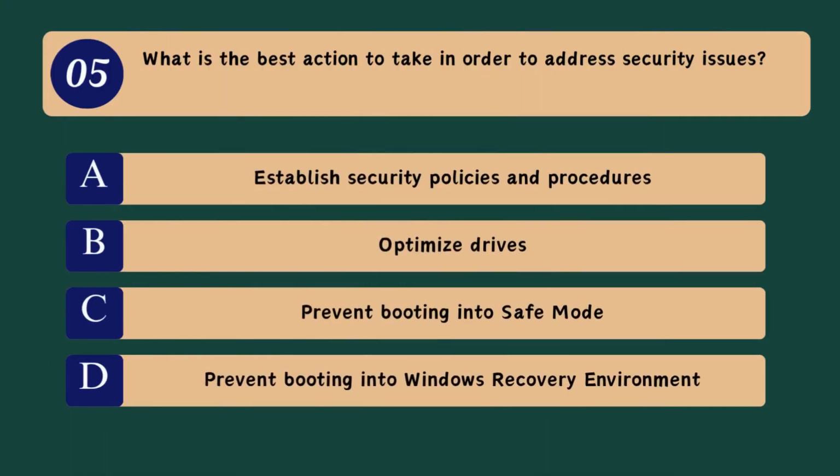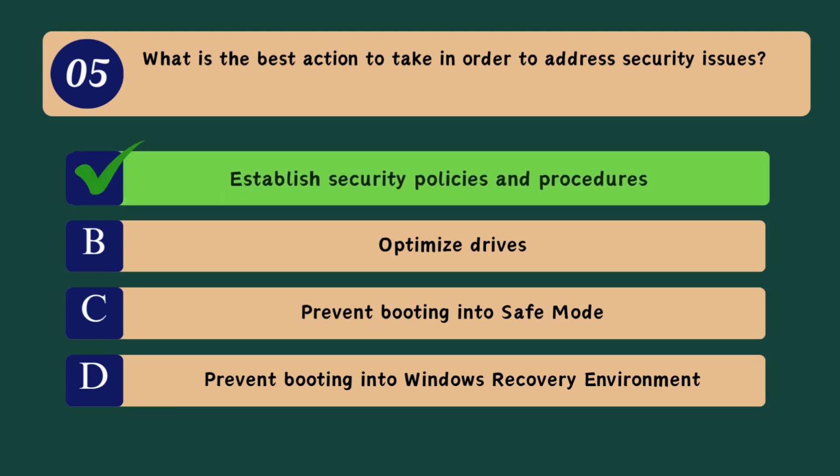Question 5. What is the best action to take in order to address security issues? A. Establish security policies and procedures. B. Optimize drives. C. Prevent booting into safe mode. D. Prevent booting into Windows recovery environment. Correct answer.